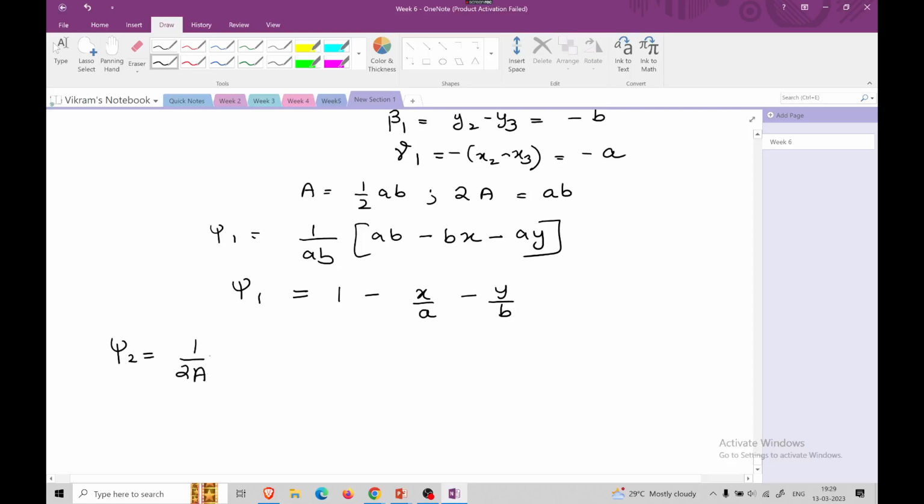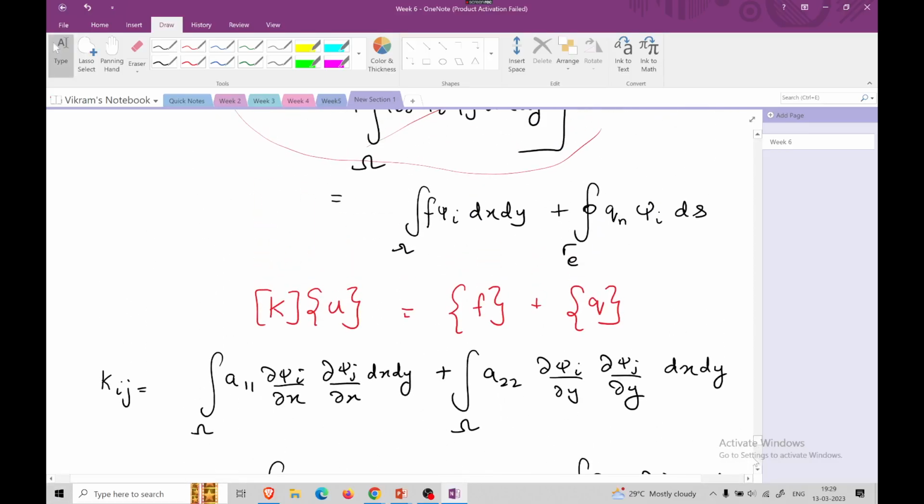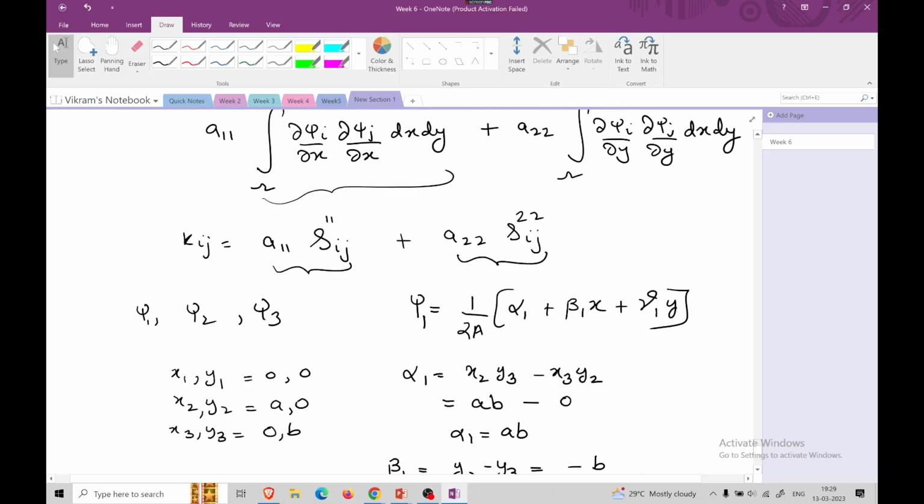ψ2 is 1 by 2A times α2 plus β2 x plus γ2 y. What is α2? x3 y1 minus x1 y3. x3 is 0 into y1 is 0, so 0, x1 is also 0, y3 is b, so 0 into b is 0.